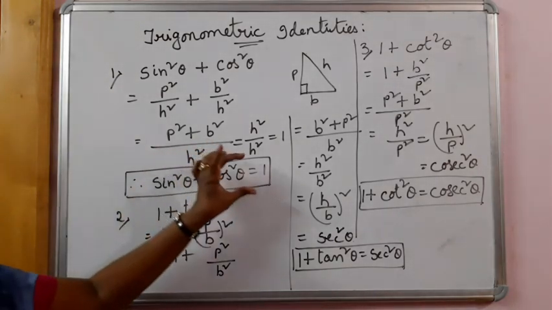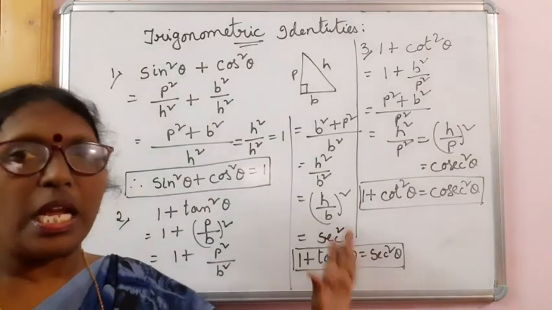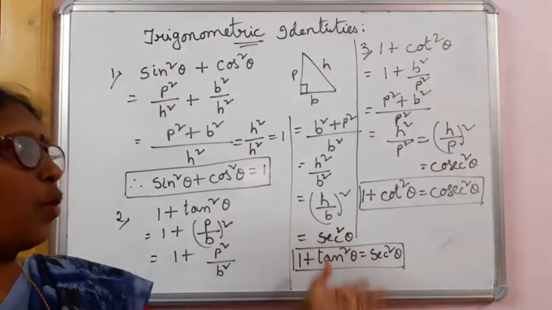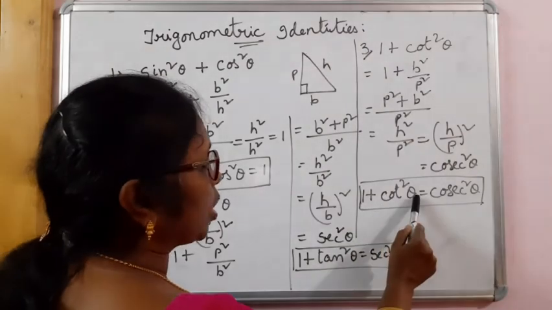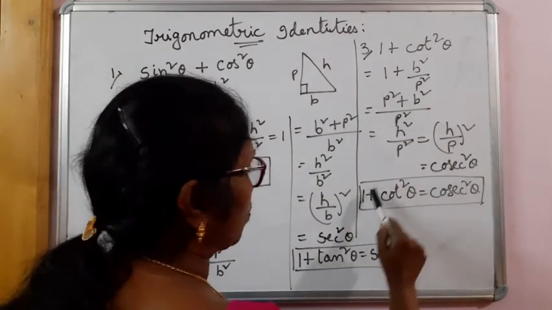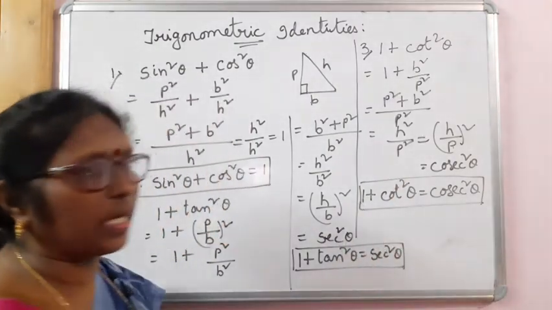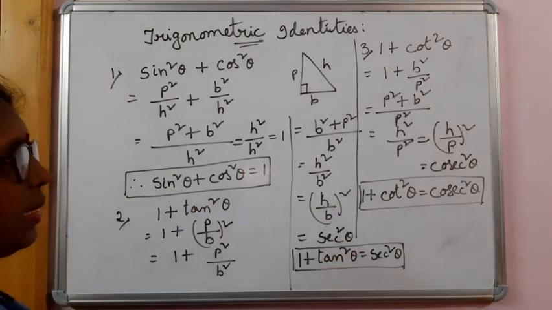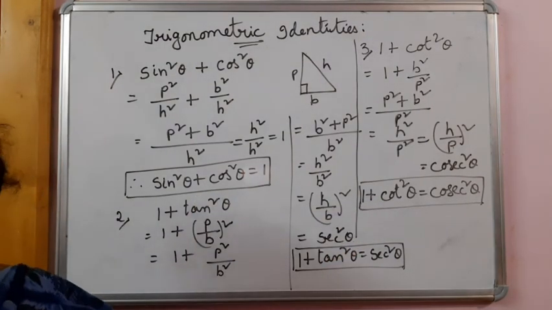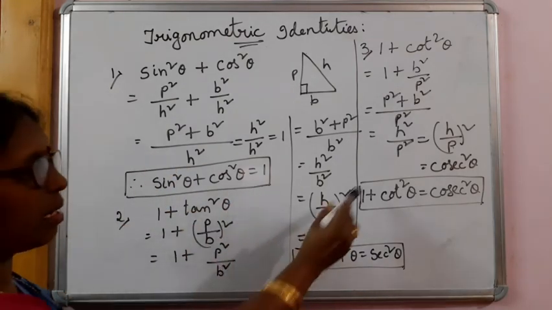From each identity we can have two more, but these are the main identities. If you are able to remember these, you can find the remaining ones. In the same way, cot square theta is equal to cosec square theta minus 1, or cosec square theta minus cot square theta is equal to 1.